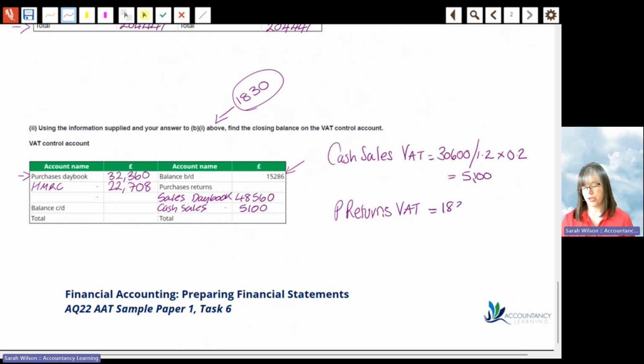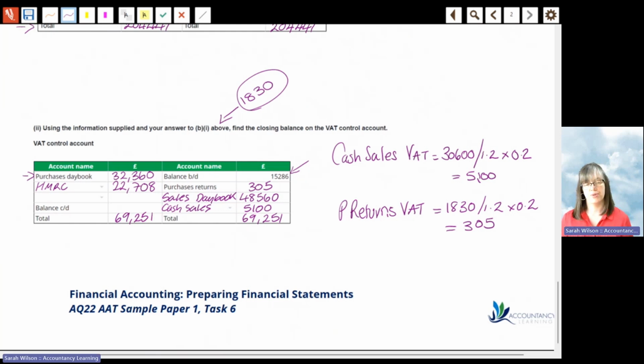So again, we'll do the same calculation that we just did before to work out our VAT, which comes to 305. And then, as I mentioned, these will total automatically in the exam, and your VAT control account will balance.